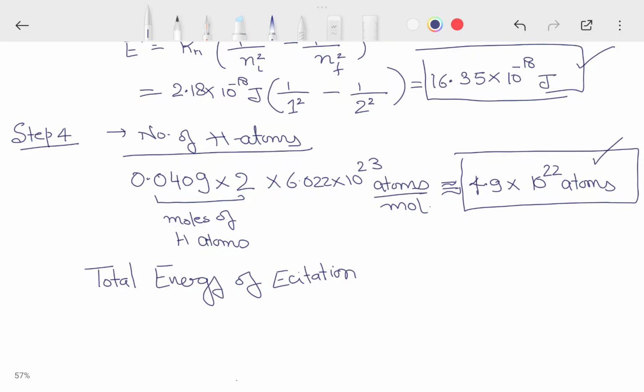So we do multiplication: 16.35 into 10 raised to the power minus 18 multiplied by 4.9 into 10 raised to the power 22.